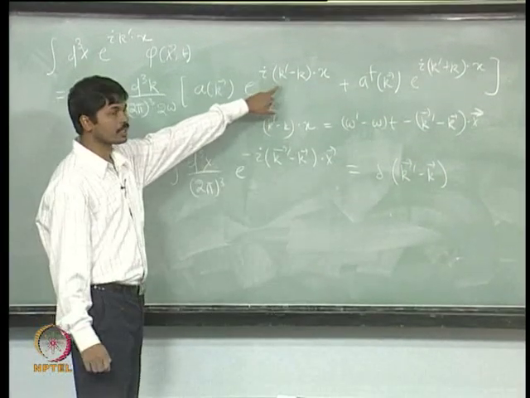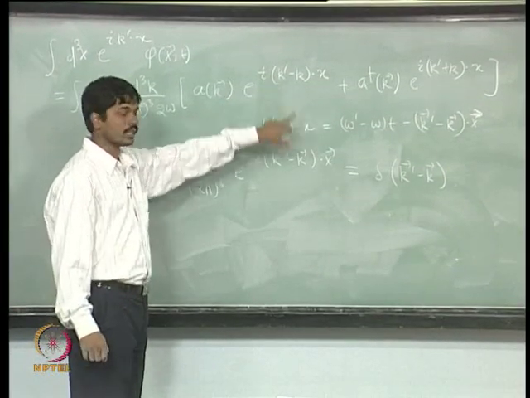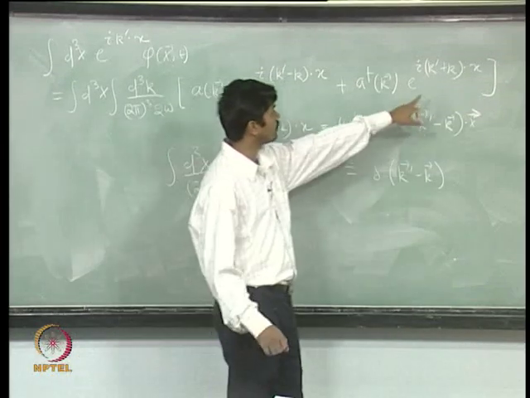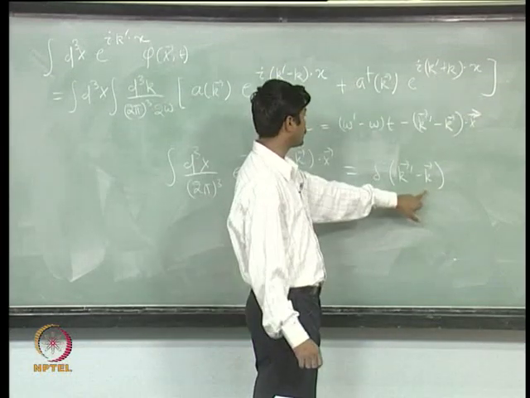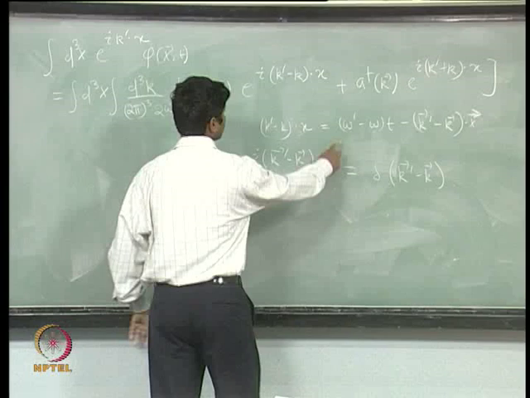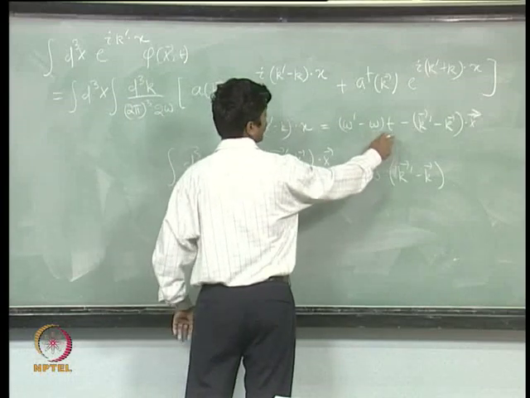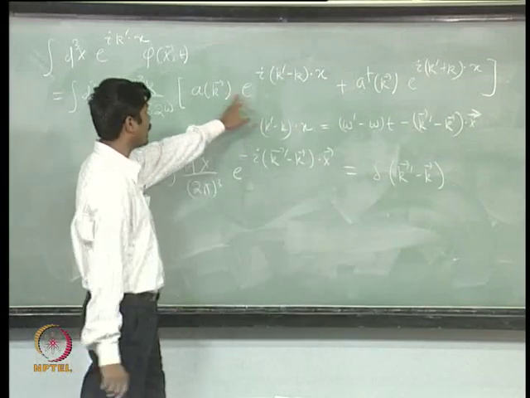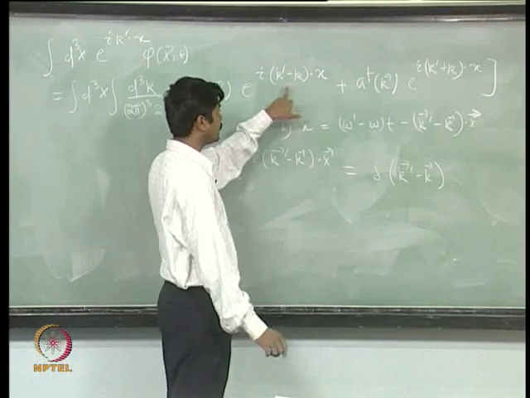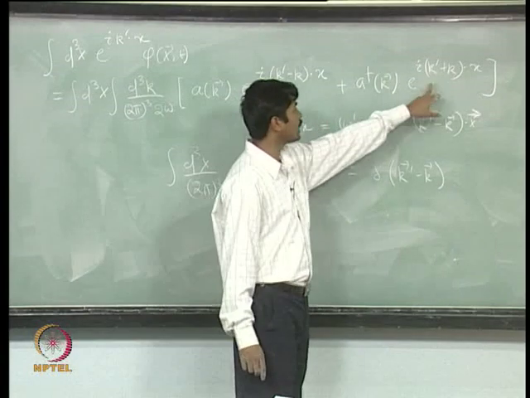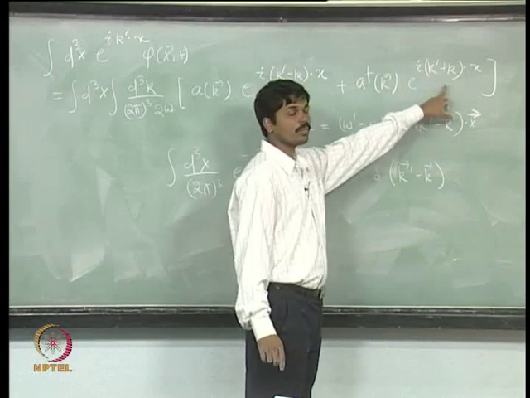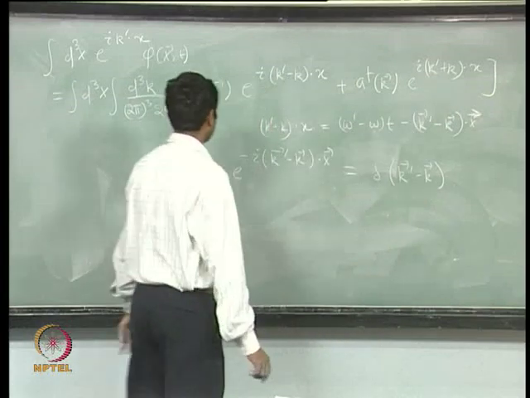So, the first term here will give you one delta function, and the second term here will give you another delta function. In addition, there will be a factor e to the power i (omega prime minus omega) t here, and e to the power i (omega prime plus omega) t in the second term.